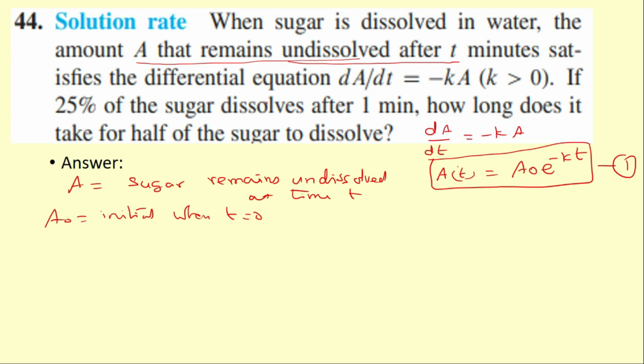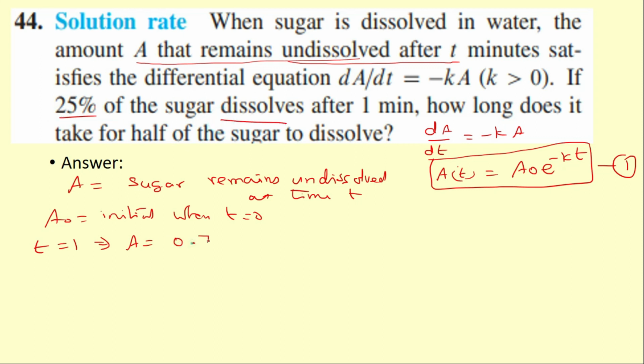That's right. So if 25% of sugar dissolves after 1 minute, some clue has been given. We don't know what A0 is, but after 1 minute, when t is 1, A is 25% sugar dissolved, so 75% remains undissolved.